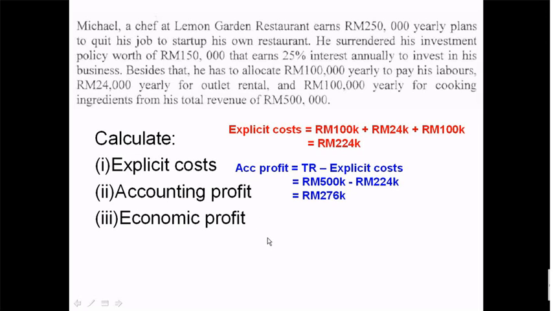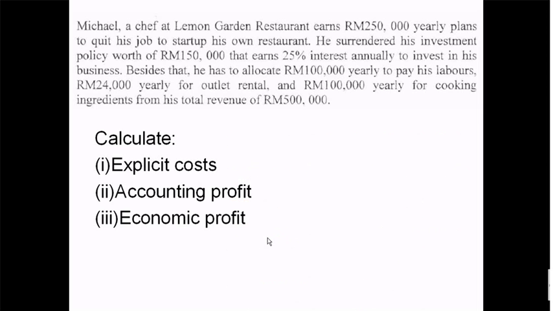And lastly, it's the economic profit. To calculate economic profit, we need to have explicit and implicit cost. Implicit costs are opportunity costs, what Michael had to give up. Because he wanted to start up his own restaurant, he has to give up his salary of 250,000. This is one of the implicit costs, and also he has given up the 25% interest which he could have earned from this 150,000 if he had not invested this sum of money into his business.